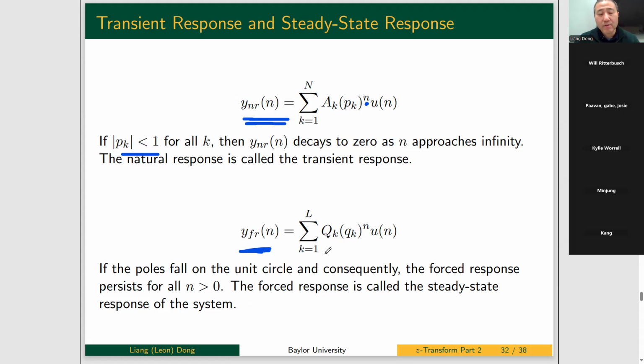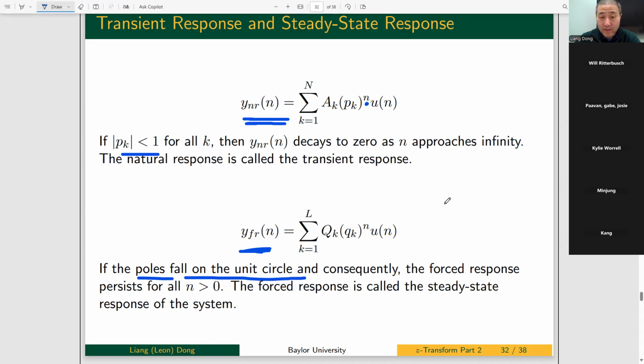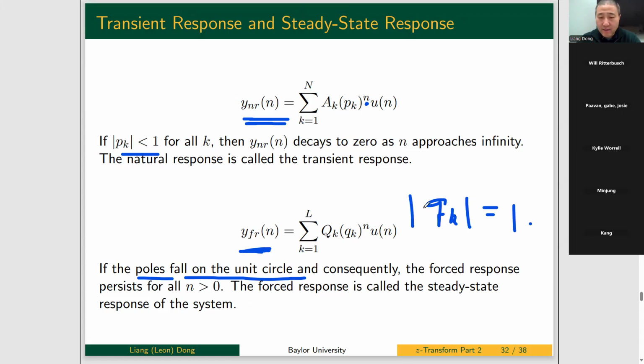So the signal is usually oscillating. It's a periodic signal. That means these poles fall on the unit circle, which means that the absolute value of these q sub k's is equal to 1. And therefore, you will have an oscillation all the time. It's not going to die out as n increases, and it's not going to be infinitely large.